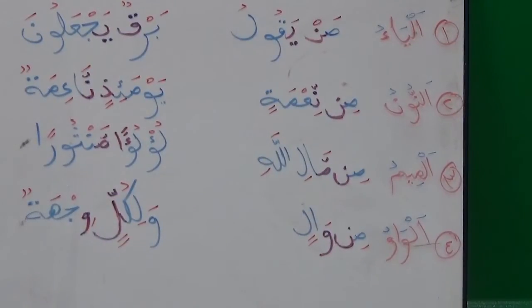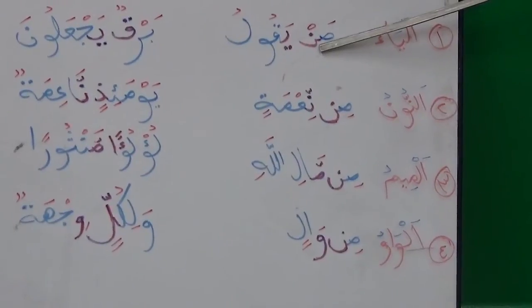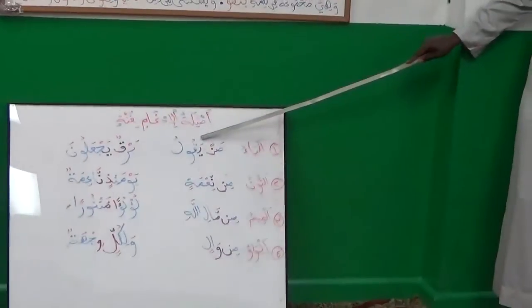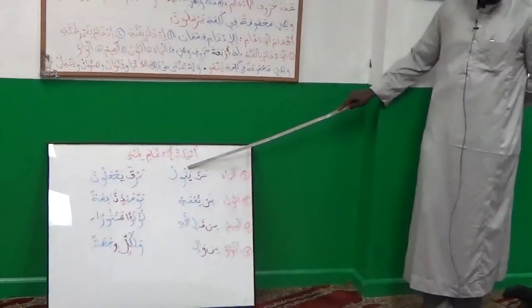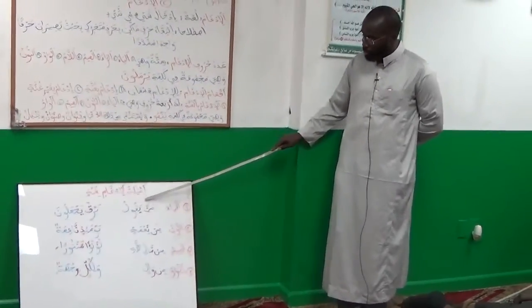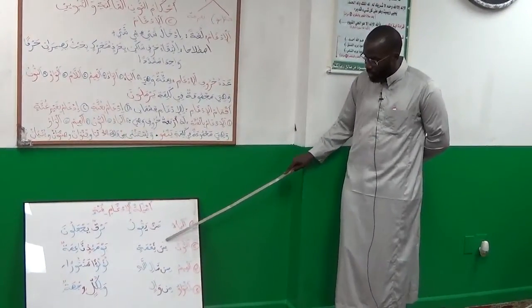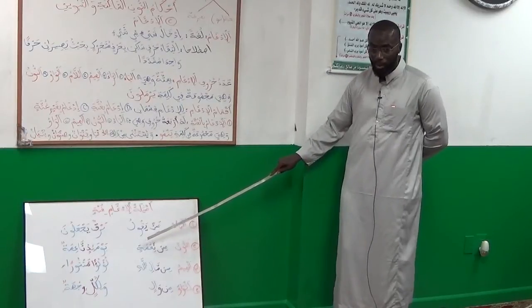And the exception is actually easy. It has to do with the fact that when we talk about al-idgham bil-ghunna, the noon that has the sukoon and the letter of al-idgham bil-ghunna have to be in two different words. Notice here, man is one word, yaqul is another word. So two different words. Min ni'ma, the same thing: a noon that is part of one word and a noon that is part of another word.